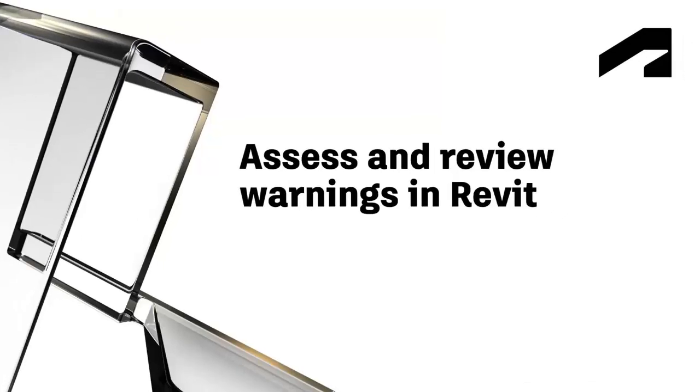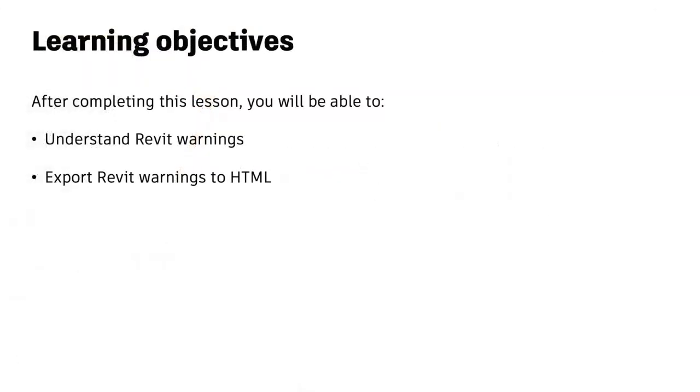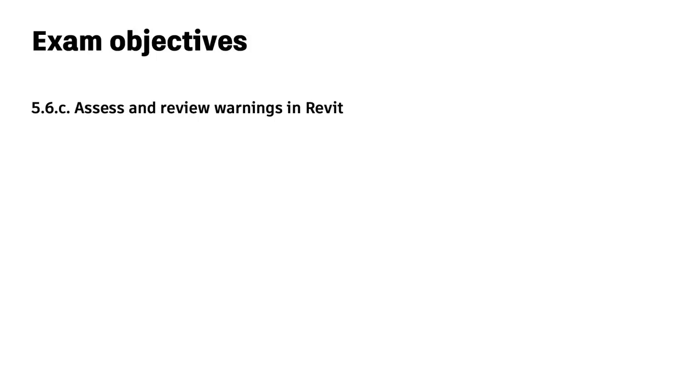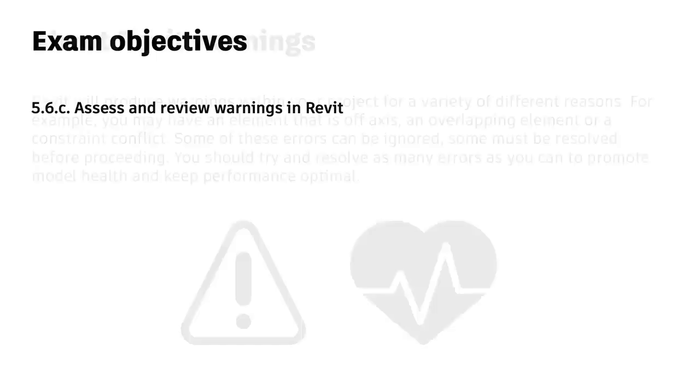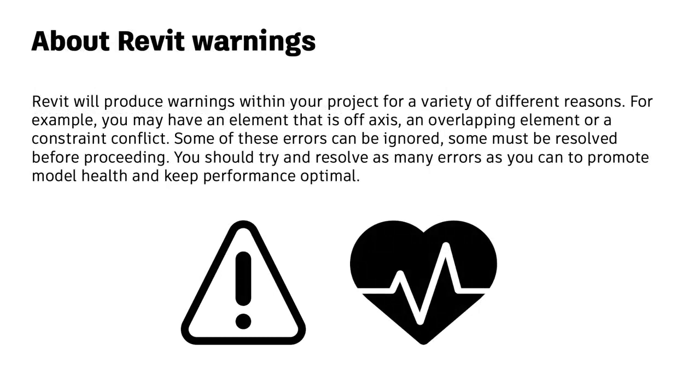After completing this lesson, you'll be able to understand Revit warnings and export Revit warnings to an HTML file. The objective domain covered is 5.6c, Assess and Review Warnings in Revit. Revit may produce warnings within your project for a variety of different reasons. For example, you may have an element that is slightly off axis, an overlapping element, or a constraint conflict.